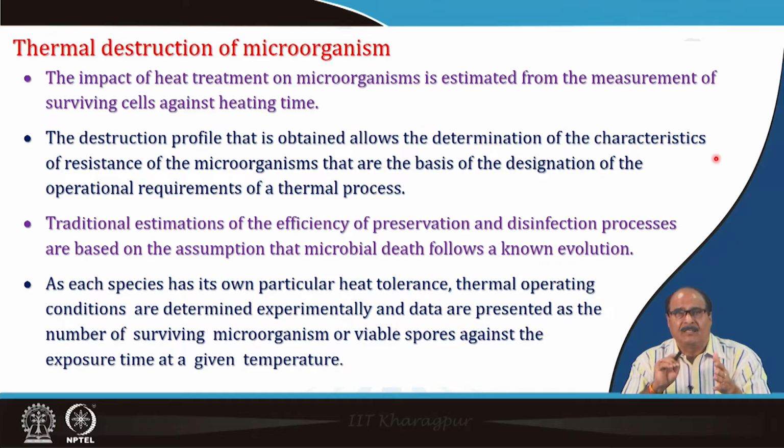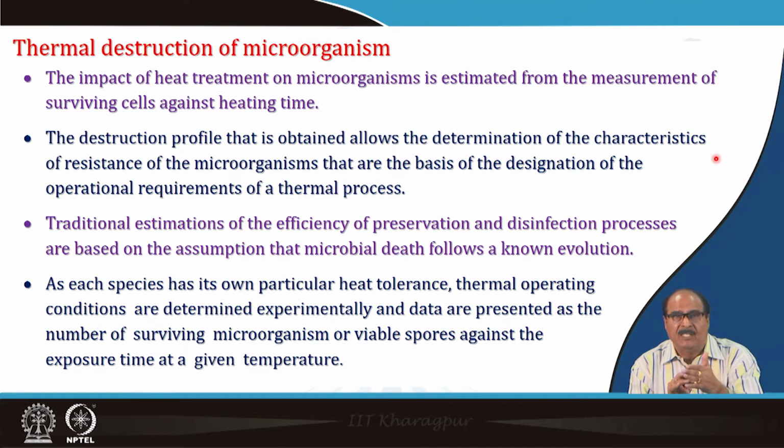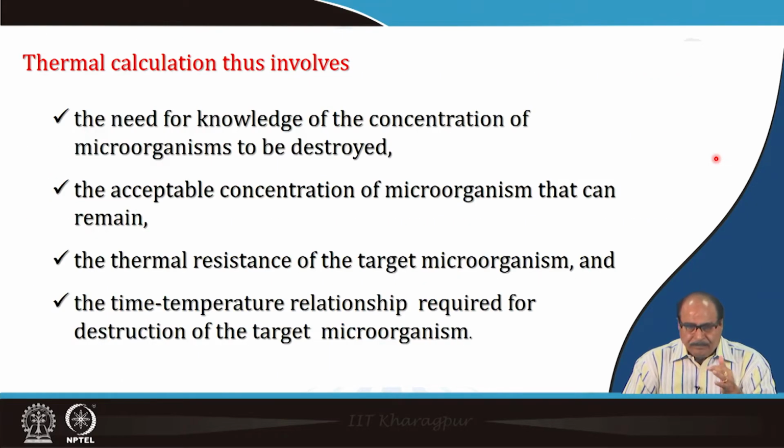So, traditional estimations of the efficiency of preservation and disinfestation processes are based on the assumption that the microbial death process follows a known evolution. As each species has its own particular heat tolerance, thermal operating conditions are determined experimentally, and the data are processed as the number of surviving microorganisms or viable spores against the exposure time at a given temperature.